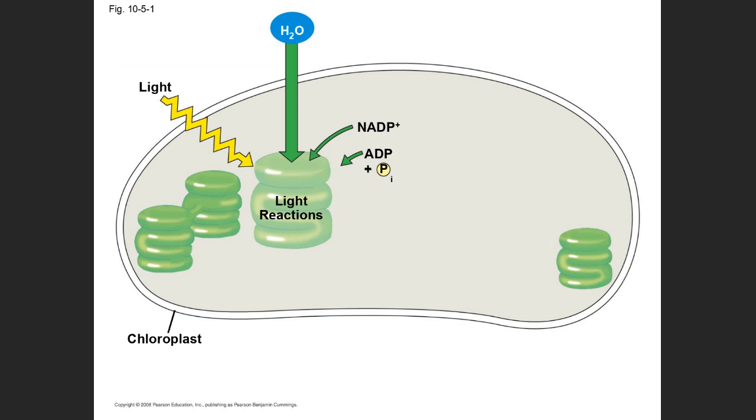So we're inside a chloroplast. You notice that we have our thylakoid sacs here, which are green because that's where the chlorophyll is. Light energy is going to excite chlorophyll molecules and help to split the water to produce oxygen and a source of electrons.